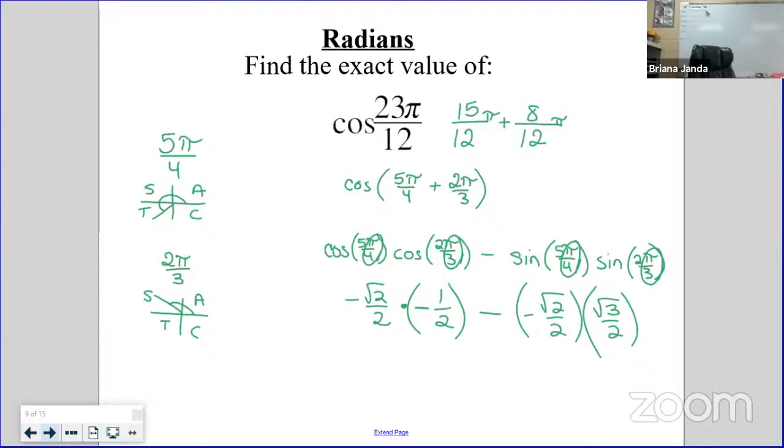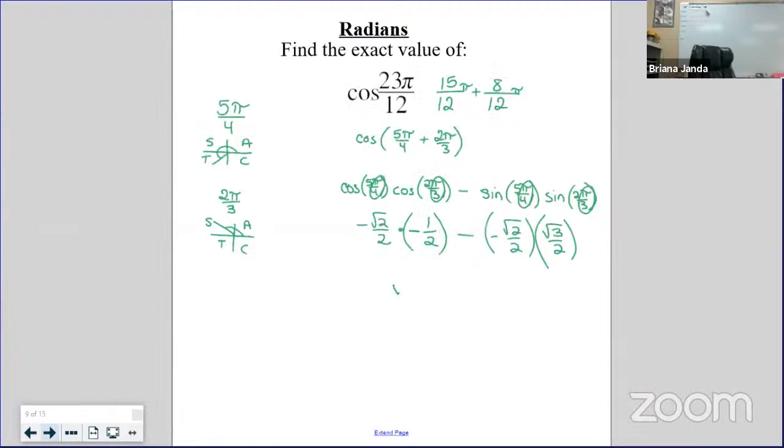Okay. First of all, a negative number times a negative number is positive. Multiply straight across the top, straight across the bottom, and we get square root of 2 over 4. Negative times a negative is positive. Over here, first of all, this would be a negative number times a positive, which would be negative. But if we're subtracting it, you see how it is a negative and a negative?